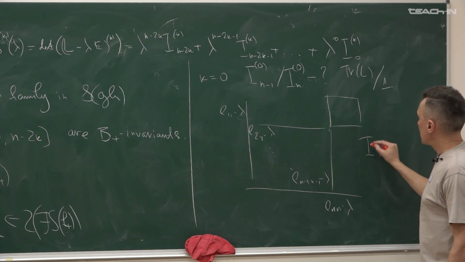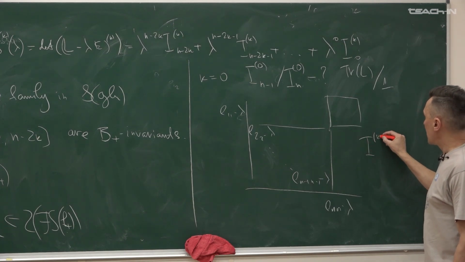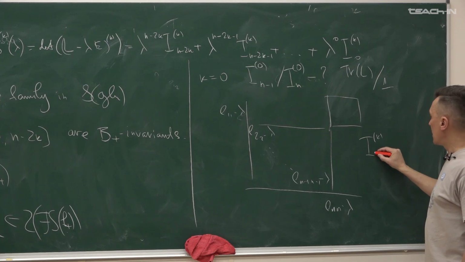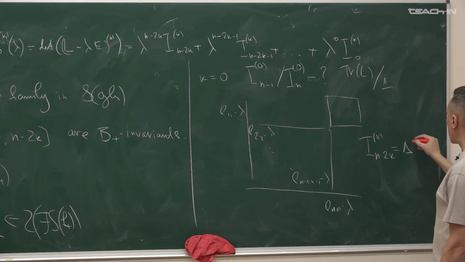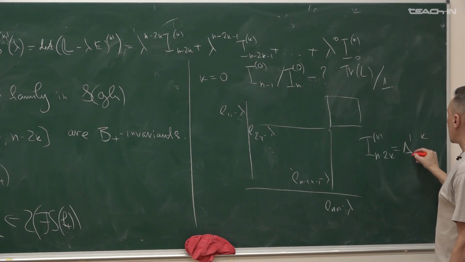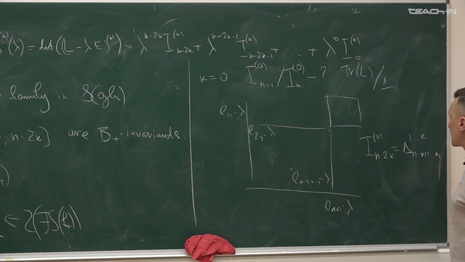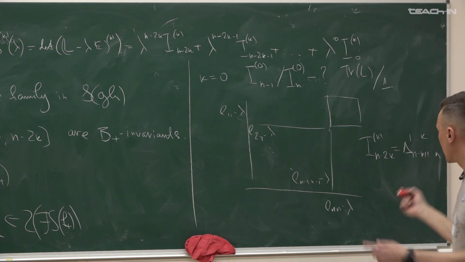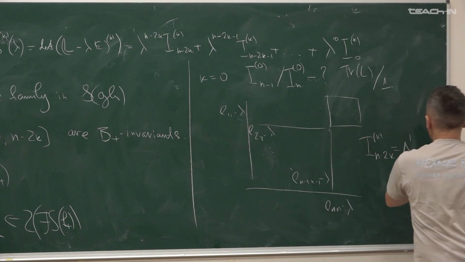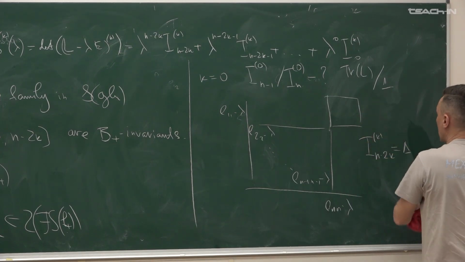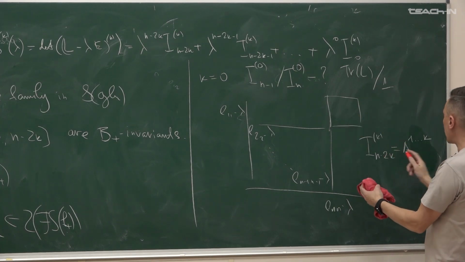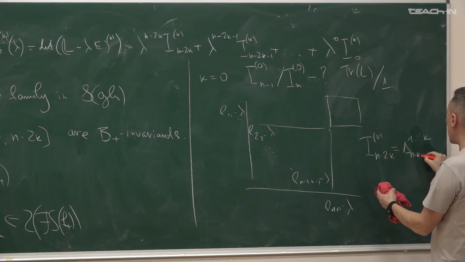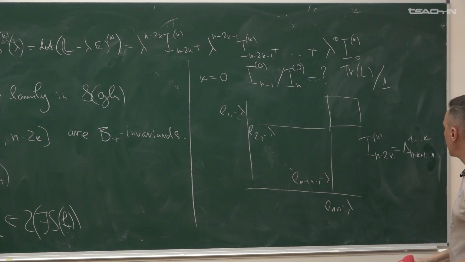So lambda to the n minus 2k is just the determinant, with rows 1 to k and columns n minus k plus 1 to n.